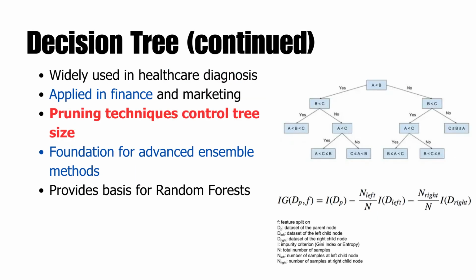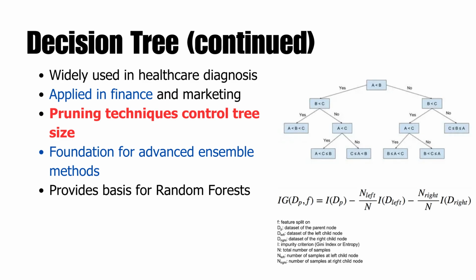The beauty of decision trees is that they are easy to understand and explain, where you can just follow the reasoning path, much like following steps in a flowchart. They find widespread usage in fields like healthcare for disease diagnosis, finance for lending, and marketing for customer segmentation.